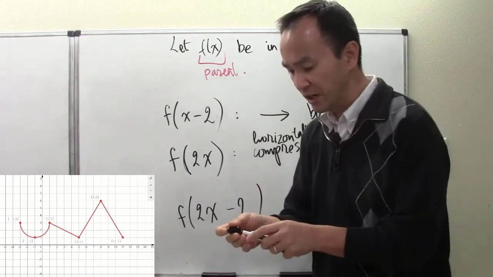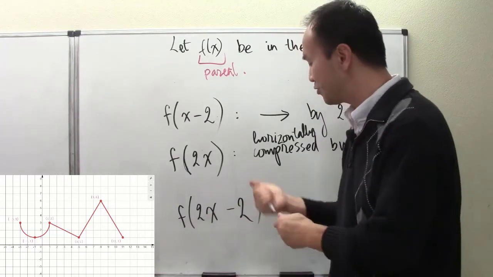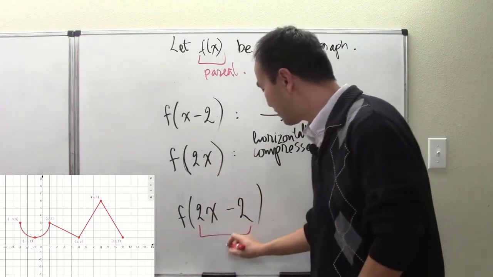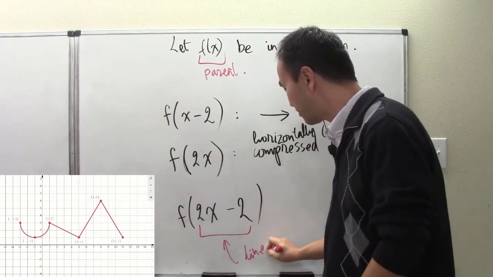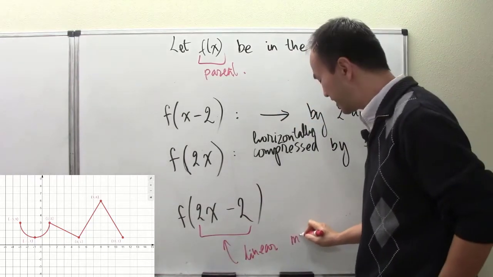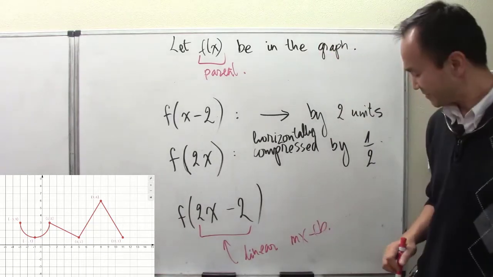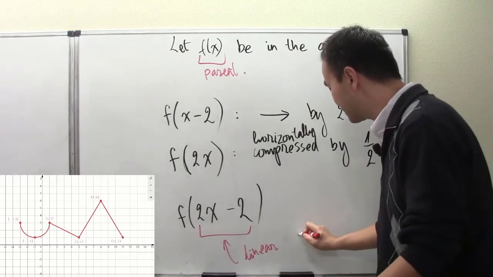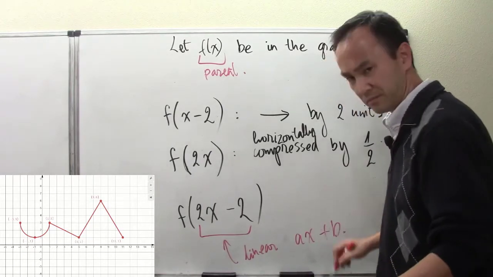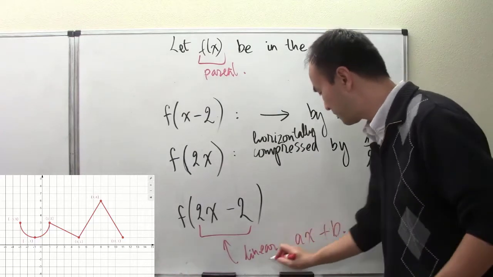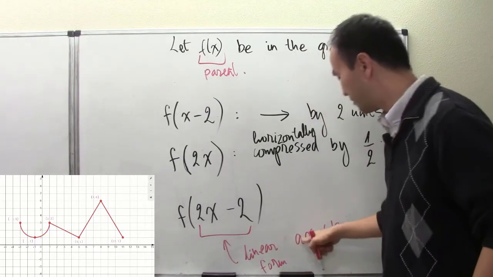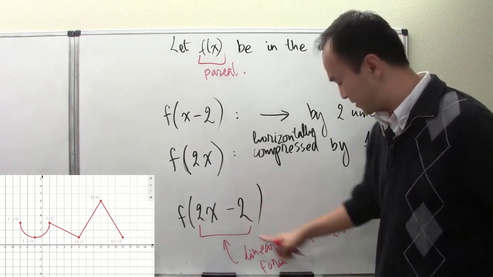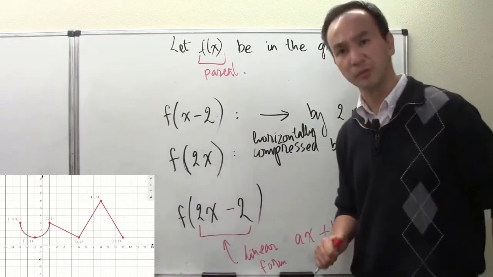If we look a little more closely, this is in the form of a linear, that famous linear mx plus b form, or I can just write it as a linear ax plus b form, or you can just say it's a linear form without worrying about ax plus b, because it's a little counterintuitive in a sense that here it's a minus, but generally a linear form is an ax plus b.